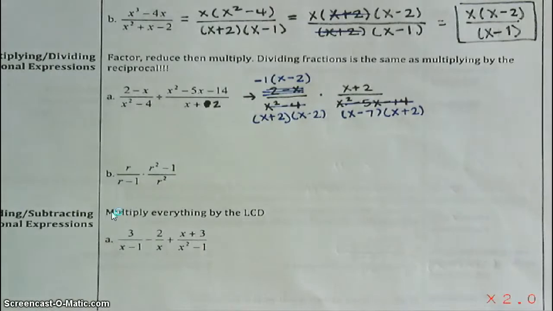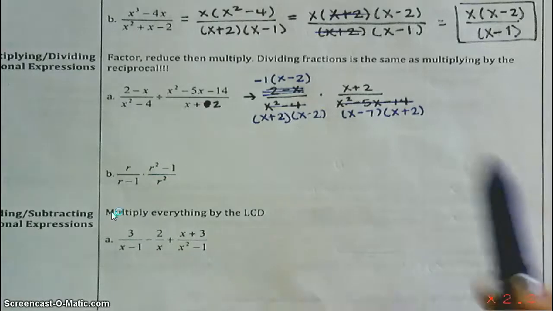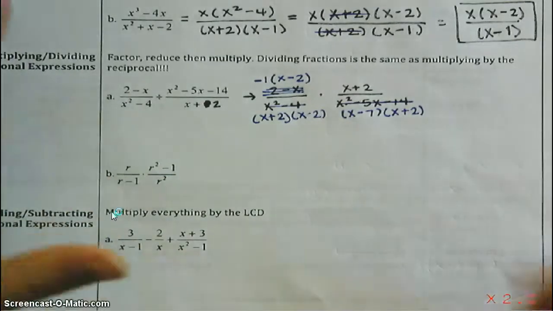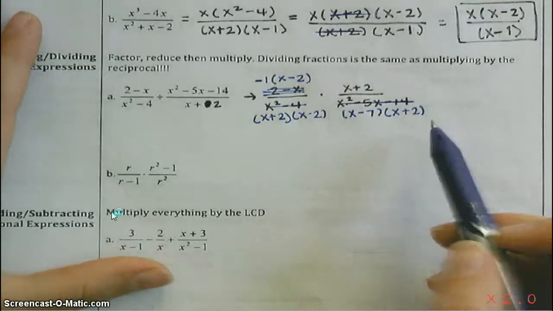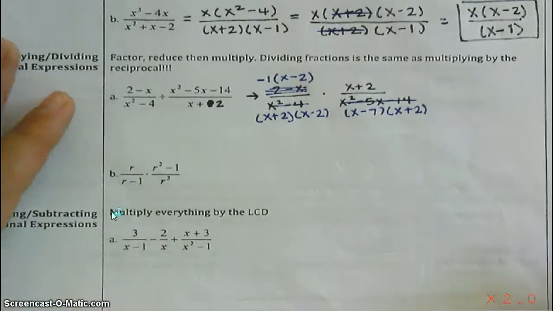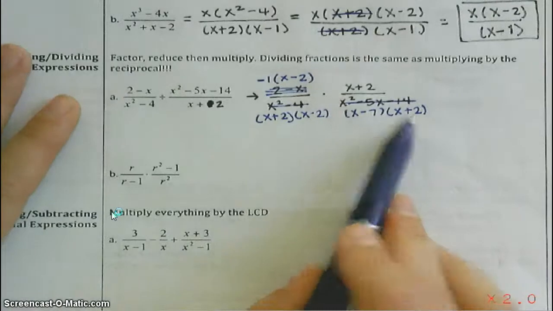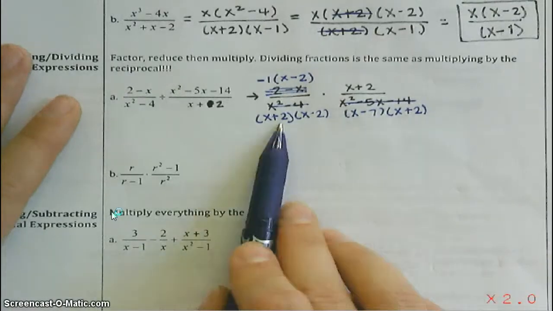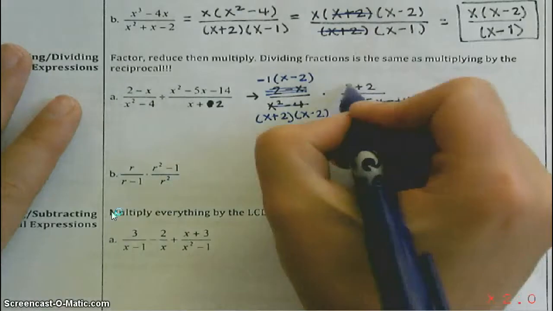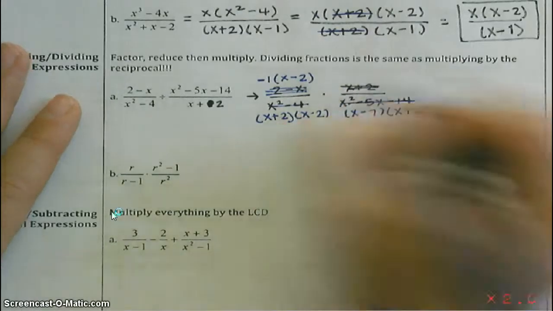If you wanted to write a separate fraction, that would be perfectly fine as well. For spatial reasons, I'm just writing it above and below the original problem. All right, so now it's time. If you see something, you can cancel it. If there's more than one thing, like on the bottom, this x plus 2, there's 2 of them, and there's only one x plus 2 on the top, you can only cancel one of the quantities on the bottom.